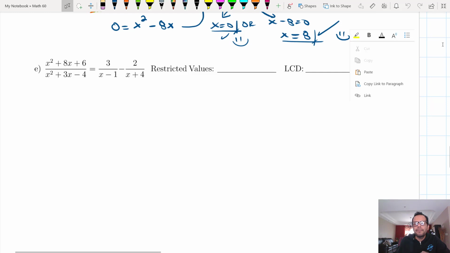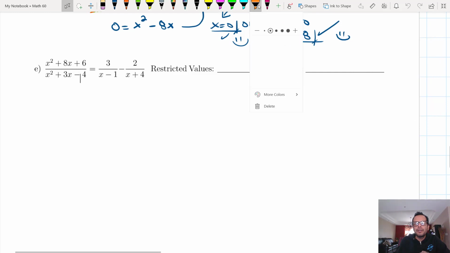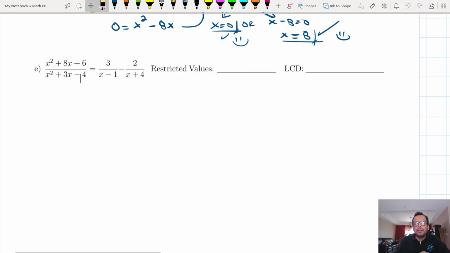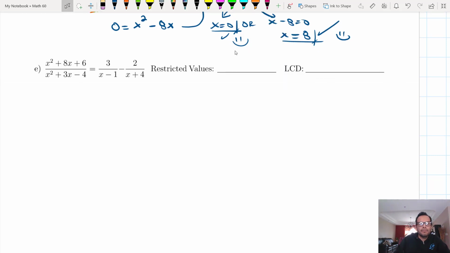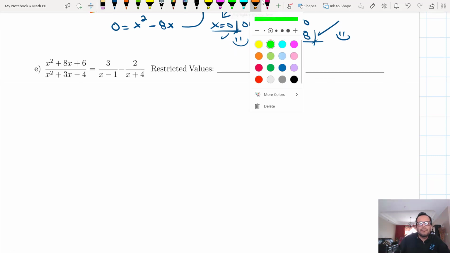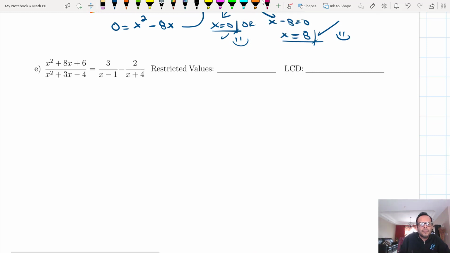Okay, hopefully it works now. Let's factor out the denominators.